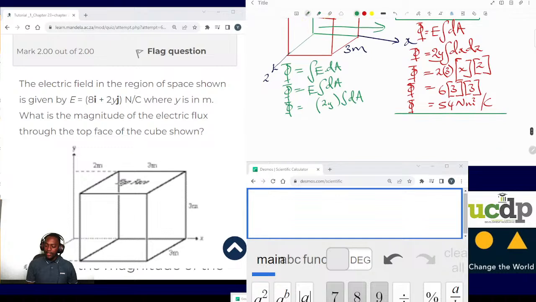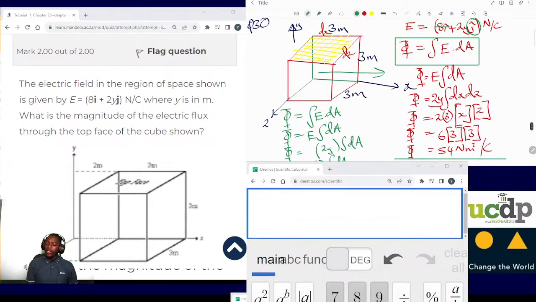right? Then our 2y, our y is 3, the length of the side y of the cube is 3. Then we remain with integral of dA. We now look at the area of the top surface. The area of the top surface is a result of dx and dz. The z direction and the x direction to calculate the area.